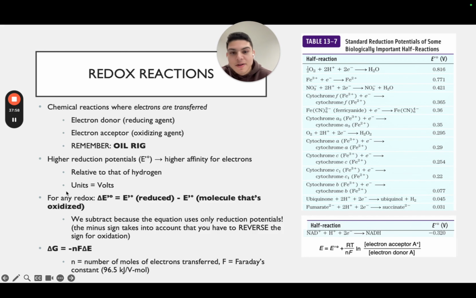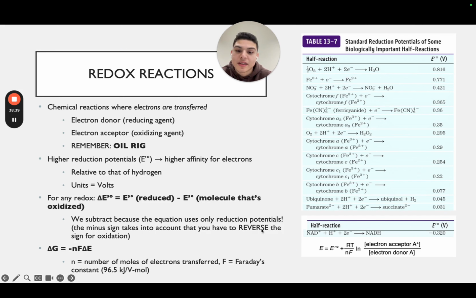And then for any redox reactions, when you're calculating this delta E naught, again, naught is very important for this, you're going to take the E naught that is reduced minus the E naught that is oxidized. So when you couple half reactions, you're going to basically take the reduced half reaction minus the E potential for the oxidizing half reaction, and we subtract because the equation only uses reduction potentials.